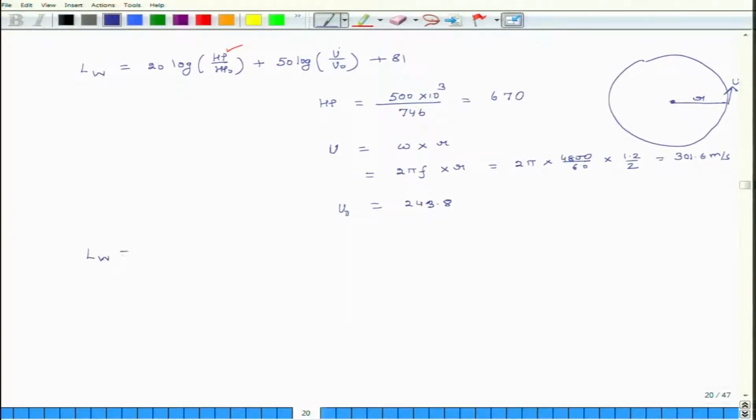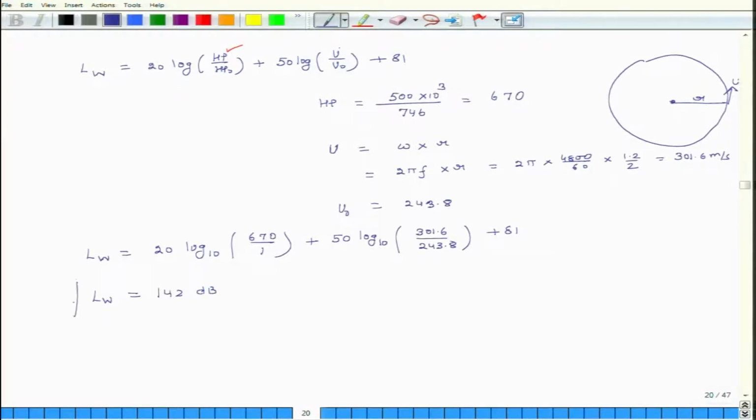So, LW equals 20 log of 670 divided by 1 plus 50 log in base 10 of 301.6 divided by 243.8, plus 81. So, you do all the math and you get LW for the compressor is 142 decibels.